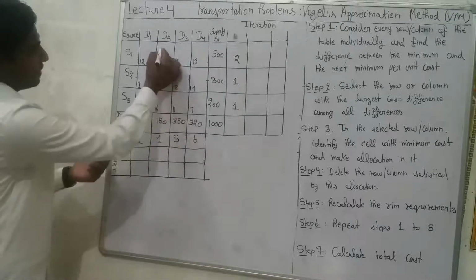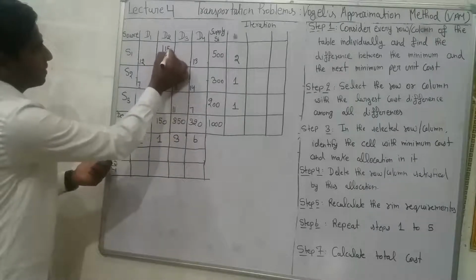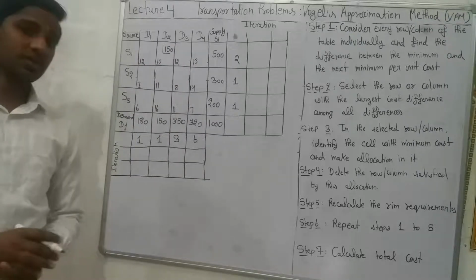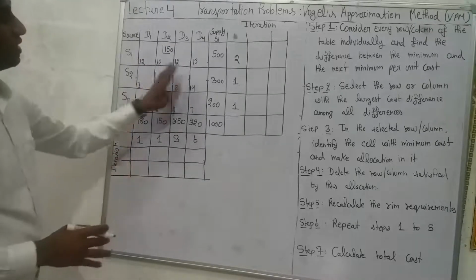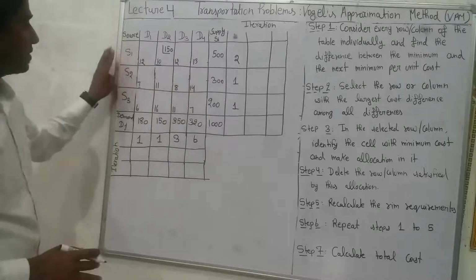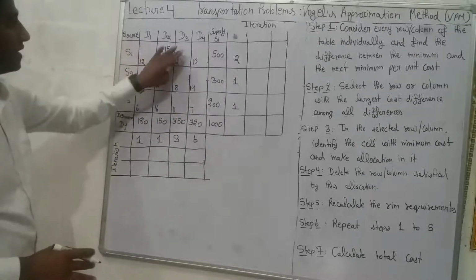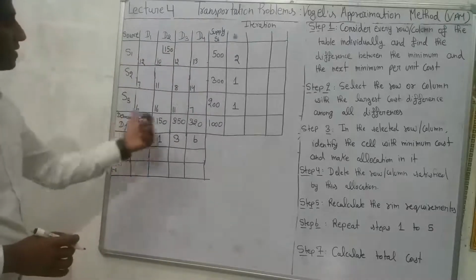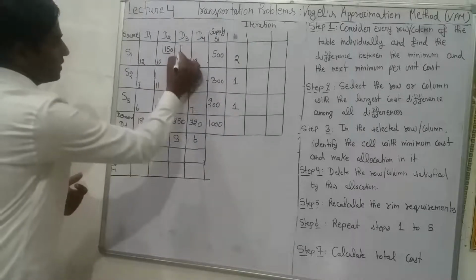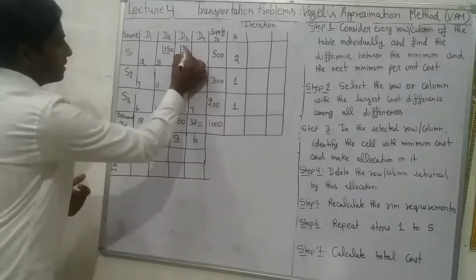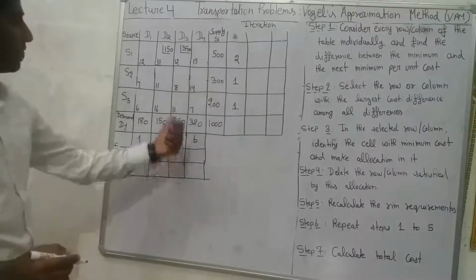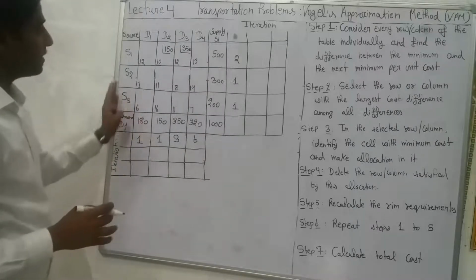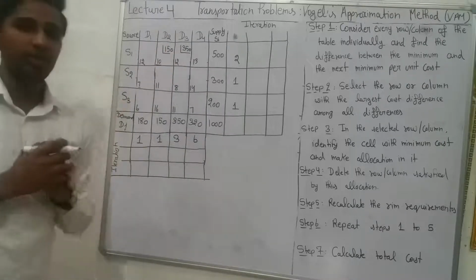After allocating 150 units to destination 2, the remaining 350 units would be allocated to different destinations. They may be allocated to destination 1, destination 3 or destination 4. Suppose the remaining 350 units are transferred to destination 3, because the requirement of destination 3 is 350 units.